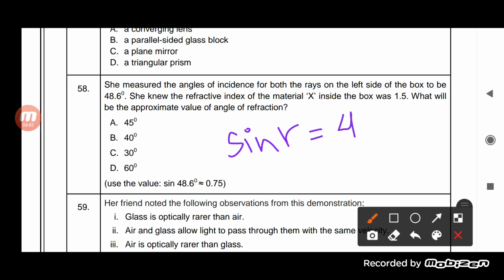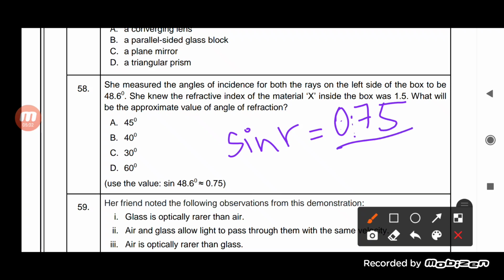sin 48.6, and here the value of sin 48.6 is already given. As you can see here, it is 0.75.